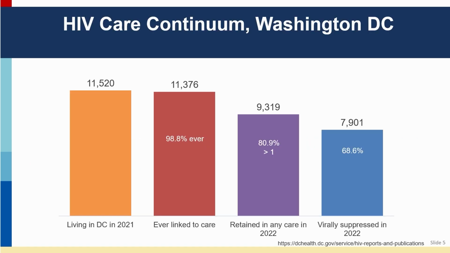But while some of my data may not be up to date, and if Clover Barnes is still here, she'll probably get up and tell me my data on DC is not current, probably in all of your jurisdictions, your data look a little bit like what we have here in DC, and that is that if you look at the cascade of care, not all patients are either identified with HIV or are suppressed, and those are the patients, obviously, that are going to develop opportunistic infections.